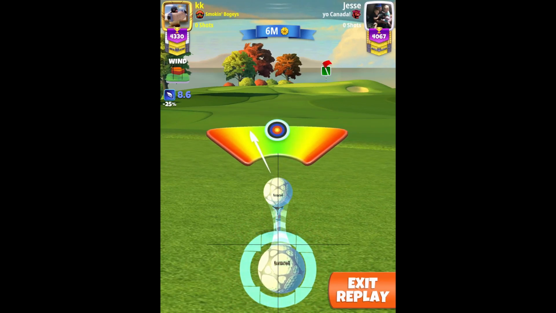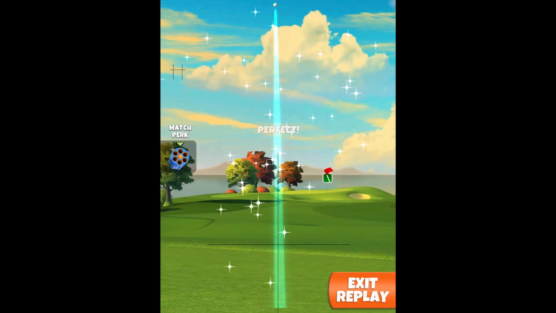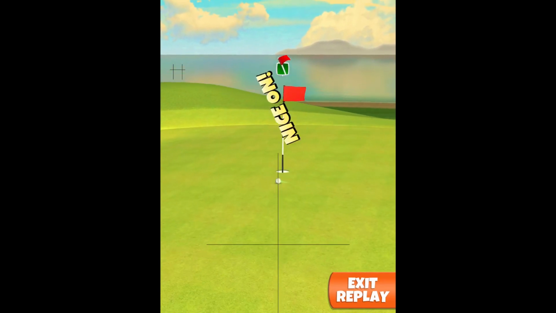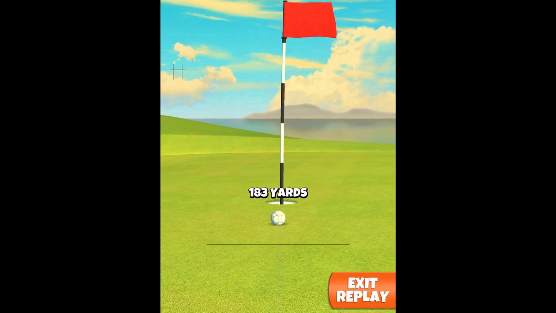And I'm doing a little bit of inner circle right curl. And missed just a little bit to the left, but it was perfect speed.